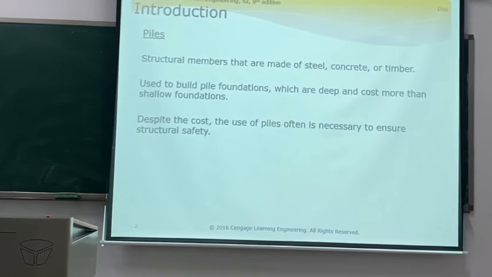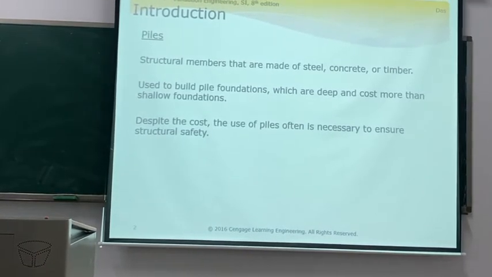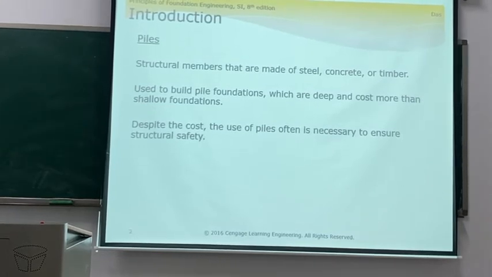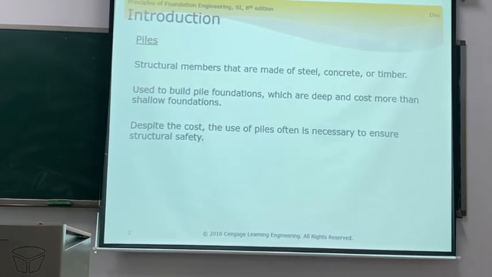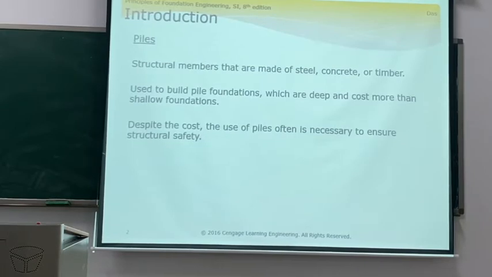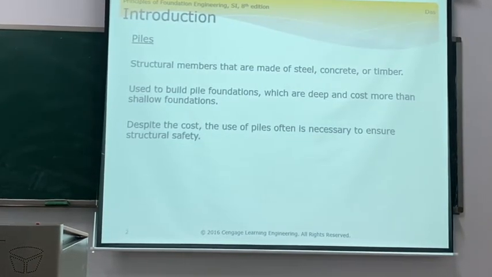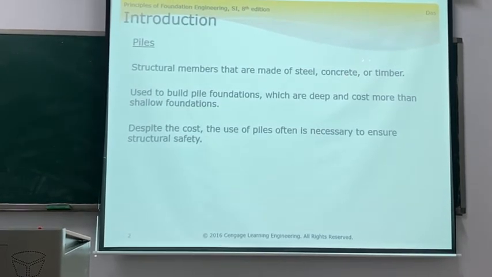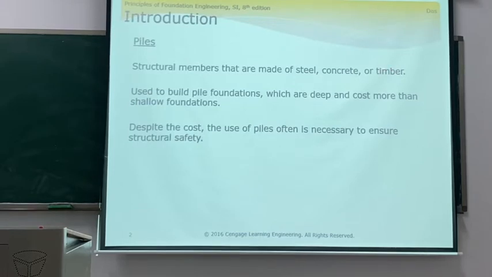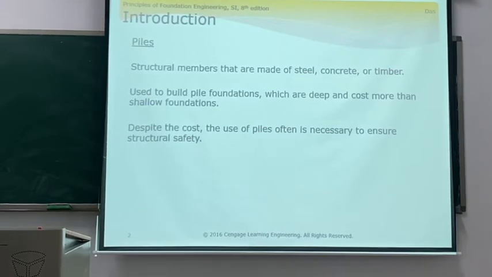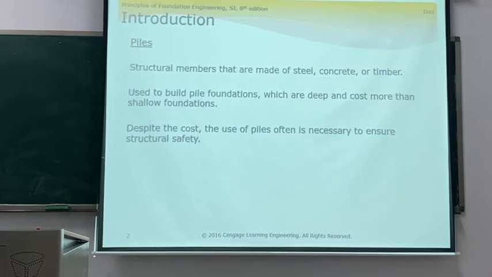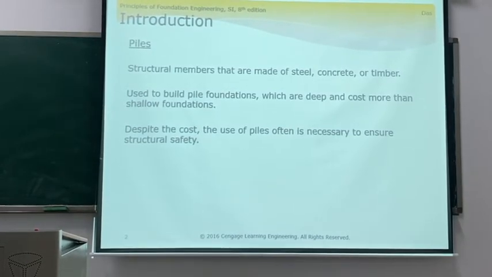Timber is recently not used anymore because we want to keep the trees. But many years ago, if we didn't have steel and concrete, we had to use timber to build this foundation.